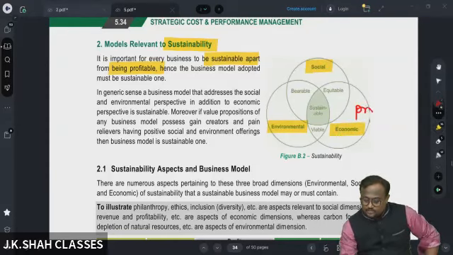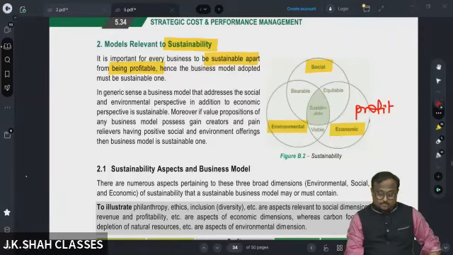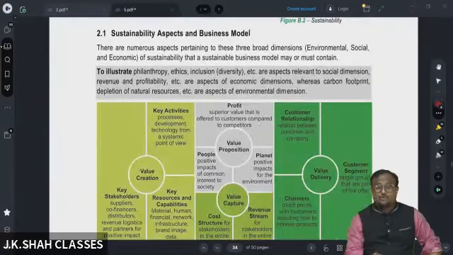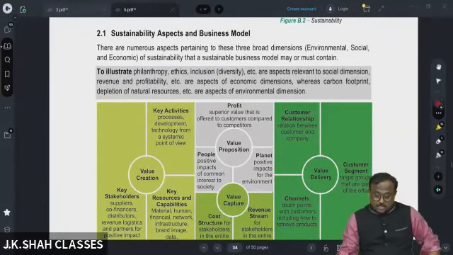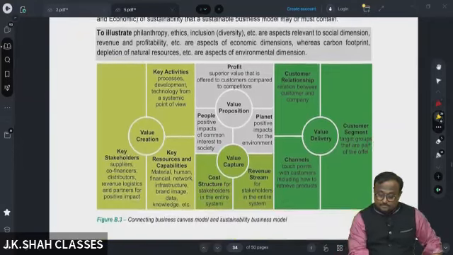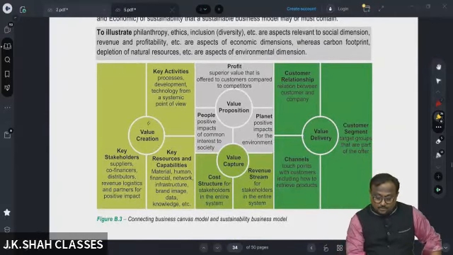So far, we were focusing on economic requirements only, which is known as profit. But even environmental and social causes are also important. They are also to be understood. What is value creation for any business?